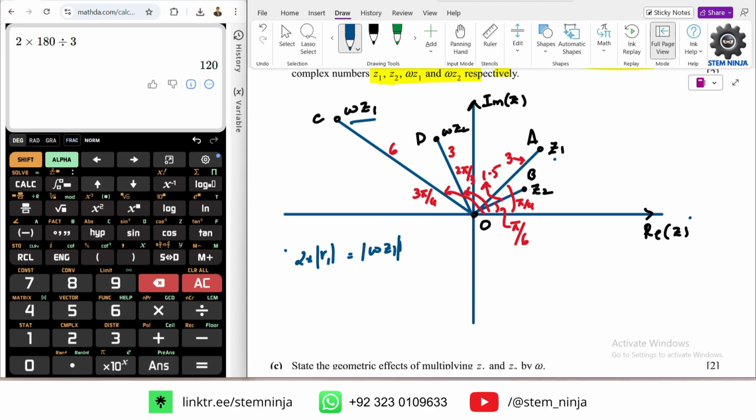Similarly, the magnitude of z2 is doing the same thing. So 2 times R2 gives the omega z2 magnitude. So this is the effect on magnitudes. But how is it affecting the argument?